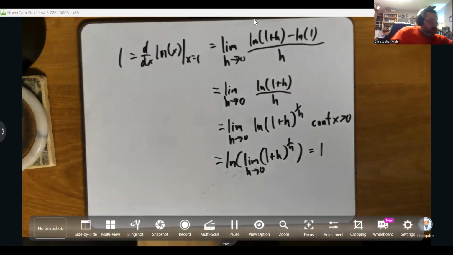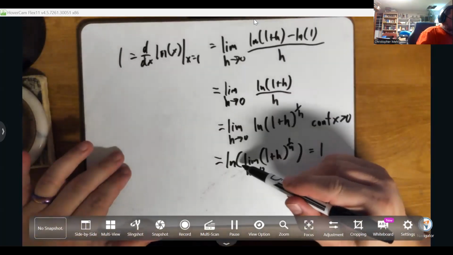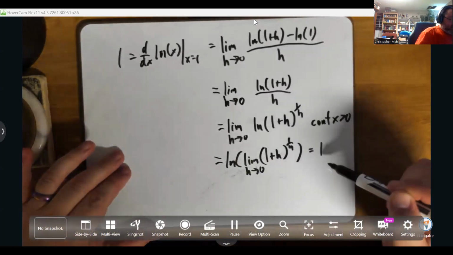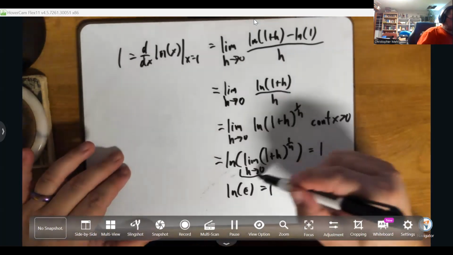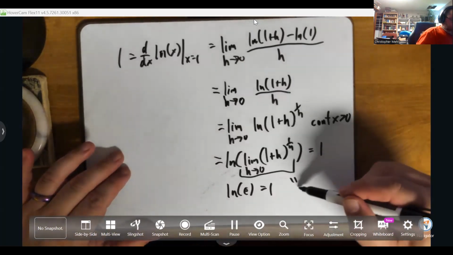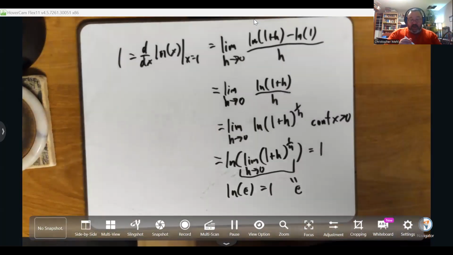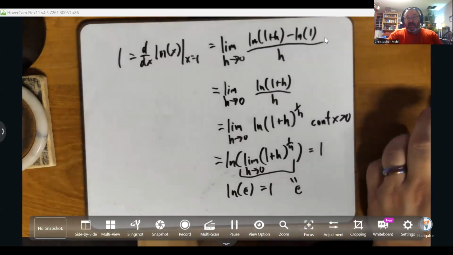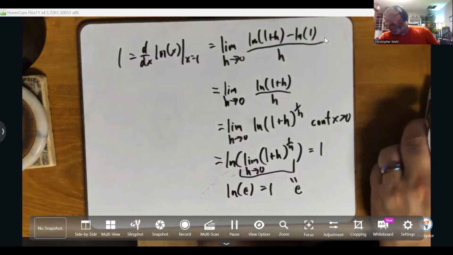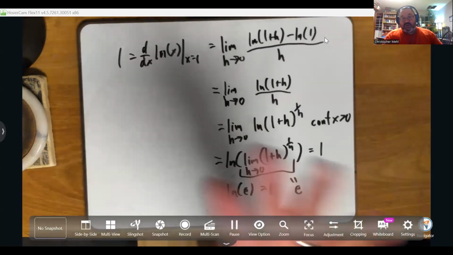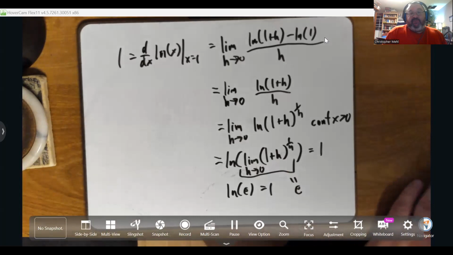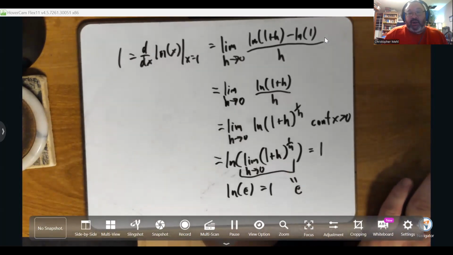Okay, so since the natural log of this limit equals 1, and the natural log of e equals 1, this limit right here should equal the number e. And so if we evaluate that limit for increasingly small values of h as h goes to 0, we should get closer and closer to the number e.